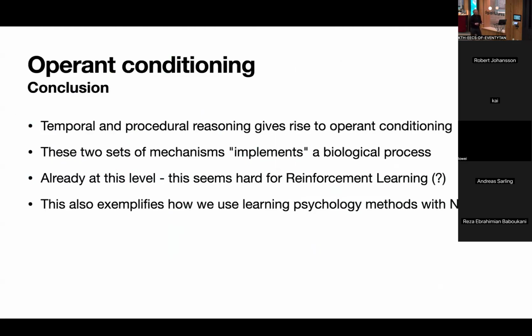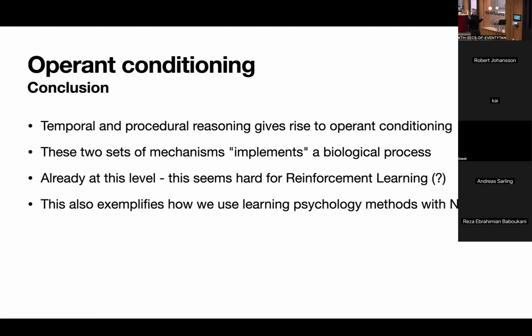The conclusion from this is that only the mechanisms of temporal and procedural reasoning give rise to operant conditioning. So as I said, in a way, these two NARS mechanisms implement operant conditioning, this biological process.